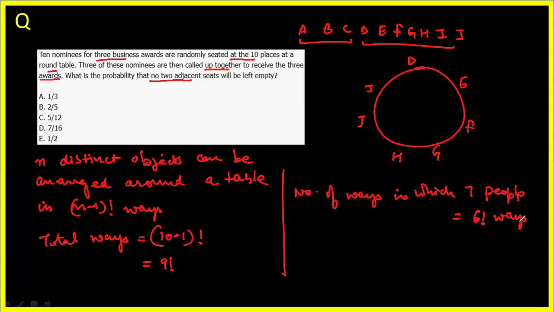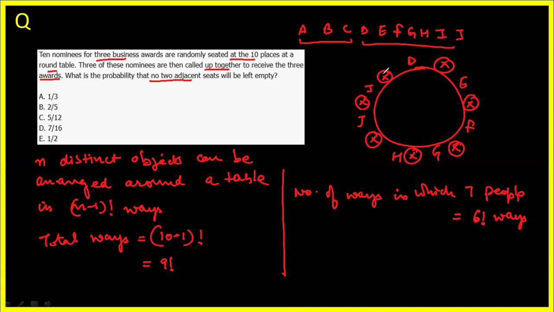Now you have made 7 people seated. Now, what are the positions for these 3 people such that they are not together? That means you have created these positions: this one, this one, and this one. How many positions are there in which ABC can be seated such that they are not together? 1 position here, 2nd, 3rd, 4th, 5th, 6th, 7th.